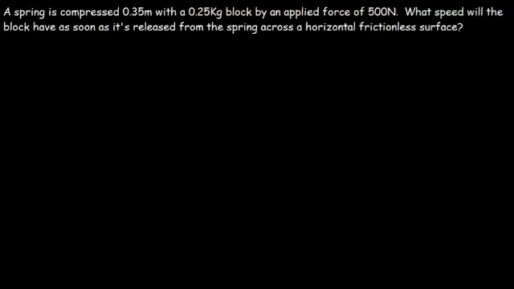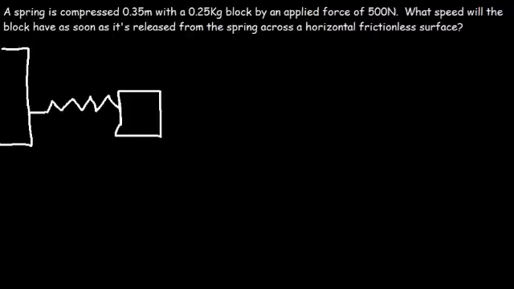Try this problem. A spring is compressed 0.35 meters with a 0.25 kilogram block by an applied force of 500 newtons. What speed will the block have as soon as it's released from the spring across a horizontal frictionless surface? So let's say this is the wall, and we have a compressed spring and the mass attached to it.